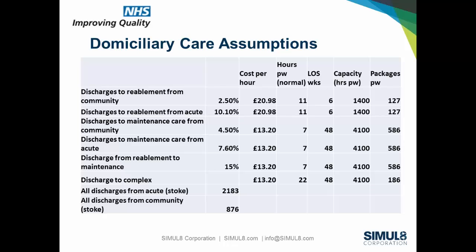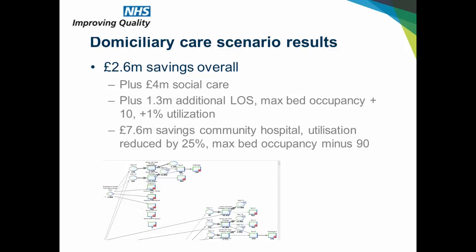What they found was they would make a 2.6 million savings overall, which was very encouraging. But of course, social care, social services would be spending an additional 4 million, whilst healthcare saved 7.6 million in their community hospital.